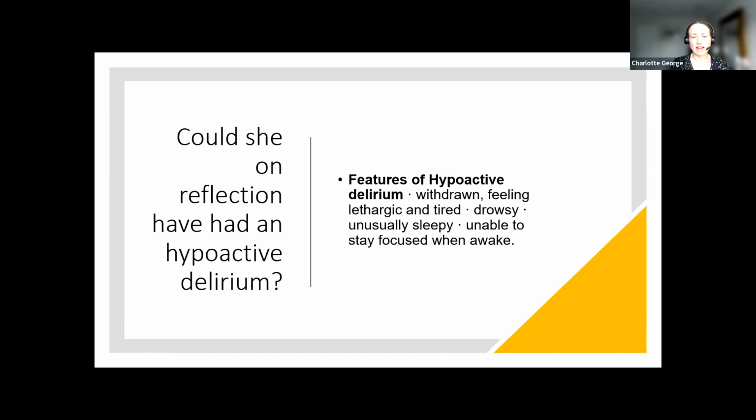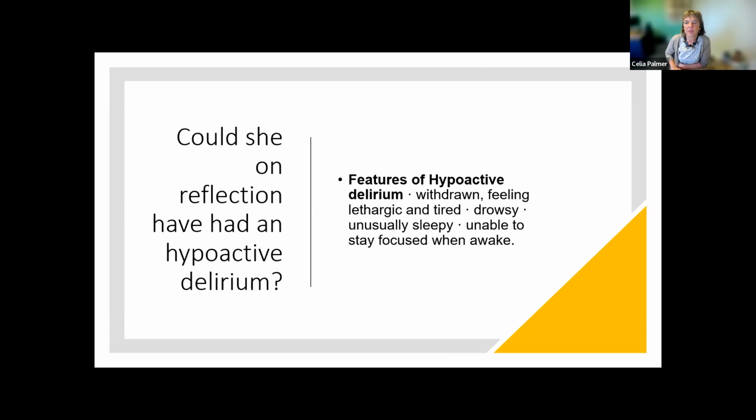And she wasn't someone who engaged overly well anyway. But definitely you would be talking to her and she'd just drop off to sleep and wake up and not be really aware that she had fallen asleep and wasn't aware of the conversation. So she definitely displayed, I would say, all of those symptoms, to be honest.